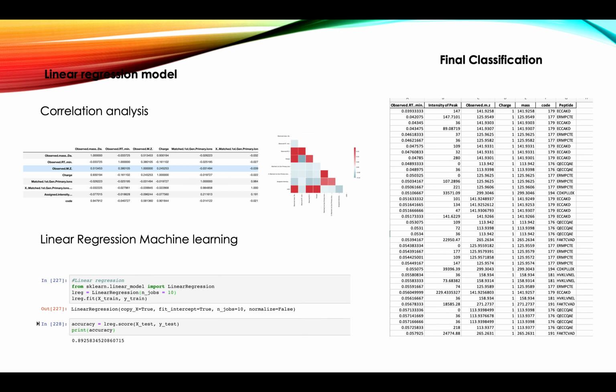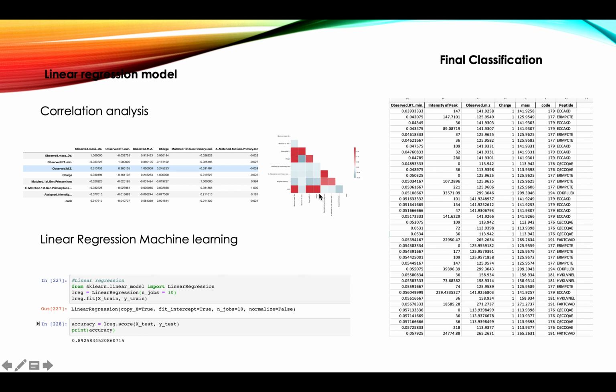So we try to find out if the data has a linear relationship, so we can classify the unlabeled data with higher accuracy. We can see from the correlation matrix and the heat map that observed mass and charge have a super high correlation coefficient with peptide categories, almost near 1.